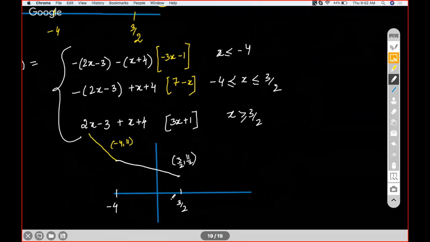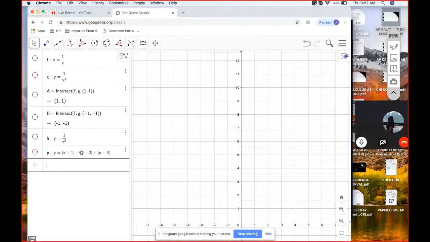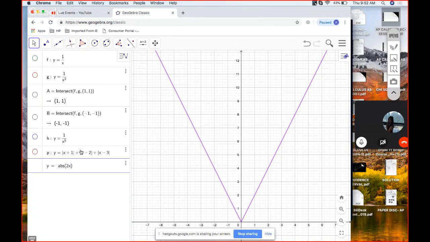Then between 3 by 2 and infinity, it'll have a positive gradient. Let's check this. What was my function? Mod of 2x - 3 plus mod of x + 4.